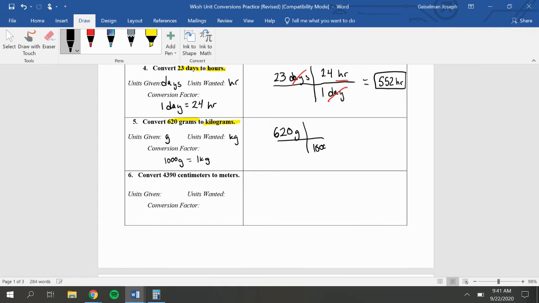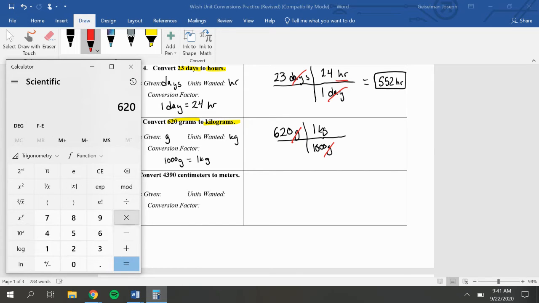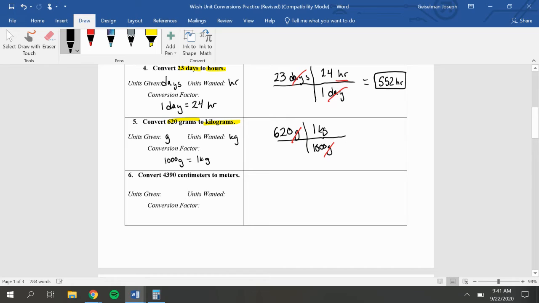We put the 1,000 grams in the bottom because that's the conversion factor. We want to be able to cancel out grams, so we have to have grams in the bottom. We have 1 kilogram up top. We can now cancel those out when we get 620 divided by 1,000, and we get 0.62 kilograms.